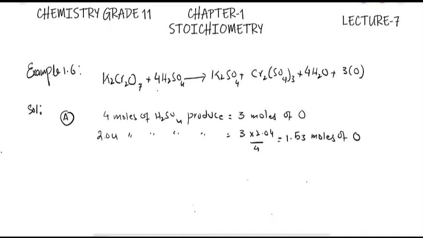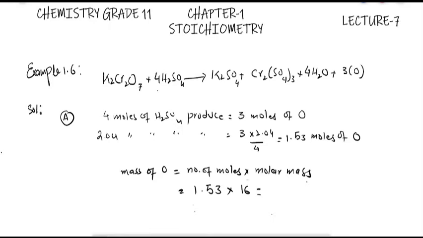But the question is to calculate the mass of atomic oxygen produced. So you can convert moles into mass. So mass of atomic oxygen is equal to the number of moles multiplied by the molar mass. So number of moles is equal to 1.53 multiplied by the molar mass of atomic oxygen. This is not an oxygen molecule, it's an atomic oxygen. So we have to take the atomic mass of oxygen, that is 16.